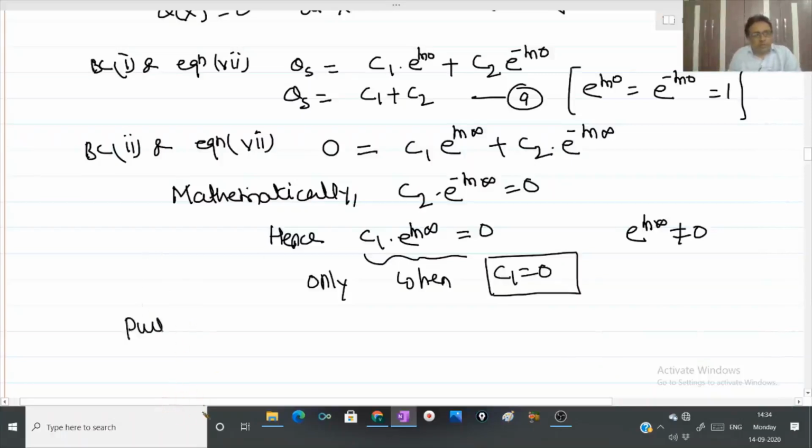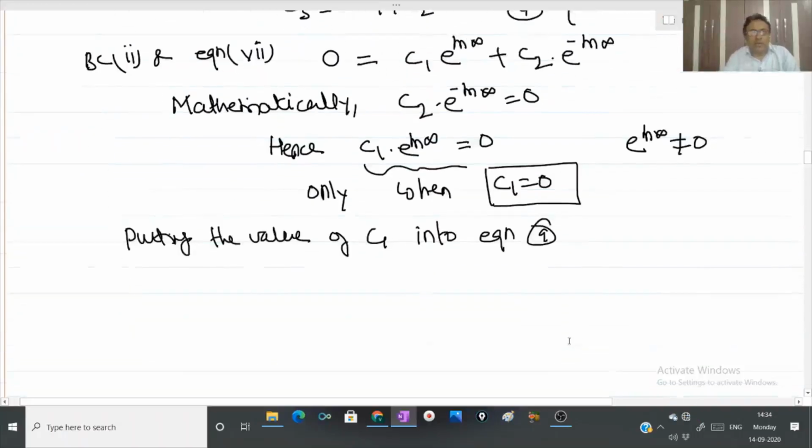Let us put the value of c1 into equation A. What will I get? I will get theta s is equal to 0 plus c2, or c2 is equal to theta s.